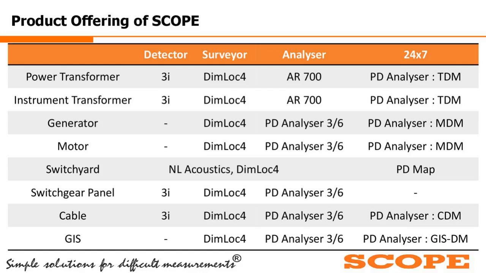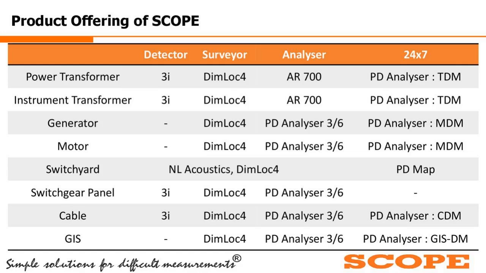And you have got PD analyzer, GIS-DM, with the help of which you can continuously monitor your GIS. So this is a complete solution that is provided, and these are manufacturer specific solutions. But when you go out in the market, you will find solutions that are at par with the categorization that we have done over here.